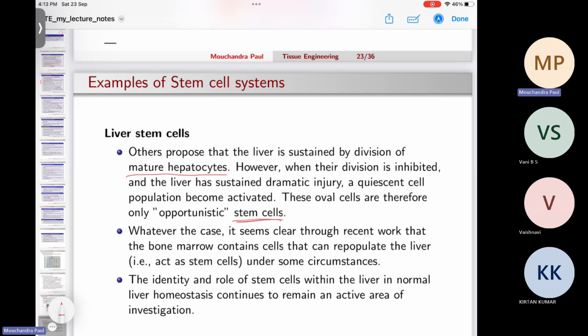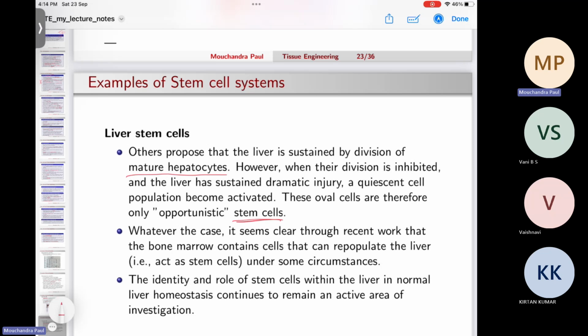So there is no clear consensus on what is correct so far, because a lot of new research needs to be done on this liver stem cell population. Because if you are able to understand how these stem cells function, then you can make liver models, or you can make artificial liver tissues, and that will be highly beneficial for patients who have diseases like cirrhosis, fatty liver, or complete liver failure and need liver transplantation.